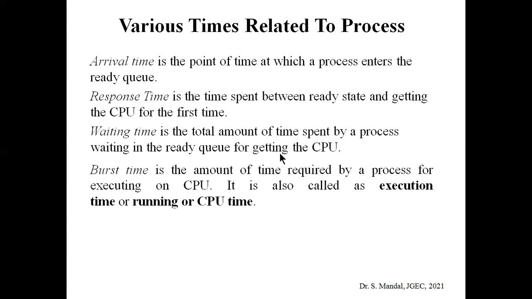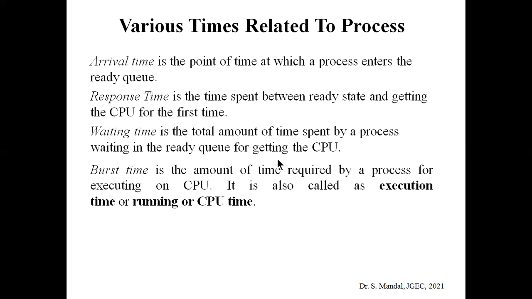So in that scenario, response time will be 1 millisecond, because it is the time spent between the ready state and getting the CPU for the first time. But waiting time is the total amount of time that is spent by a process waiting in the ready queue for getting the CPU. So this is the waiting time.